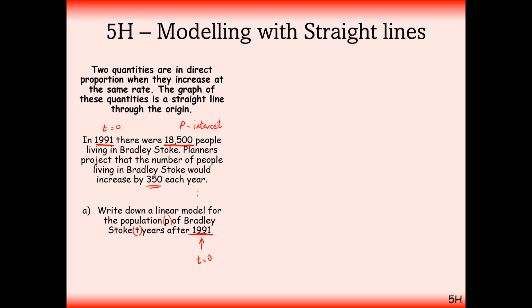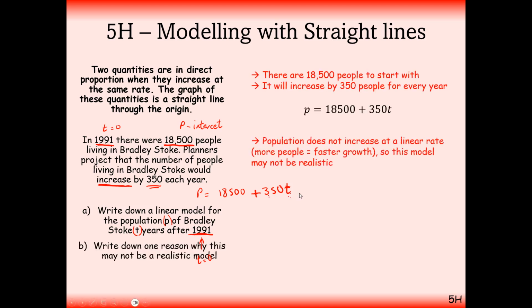So you write P equals 18,500 for the intercept and the word increase is saying that the gradient is positive 350t. T stands for year. Okay, so after year one, one will be multiplied by this. In year two, two will be multiplied, and so on. So that's how I would have written the equation.